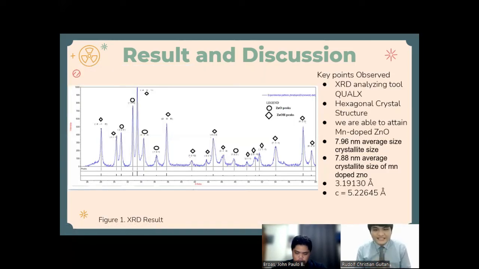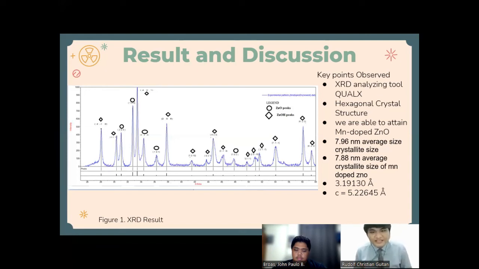Our XRD analysis of the 5% manganese-doped zinc oxide yielded three results: the crystal structure, the crystallite size, and the lattice parameter. The crystal structure of zinc oxide was found through the use of the XRD analysis program Full-X, and the structure found is the hexagonal wurtzite structure. We found this out by matching the peaks of our synthesized material with the peaks of zinc oxide from the QualX database.